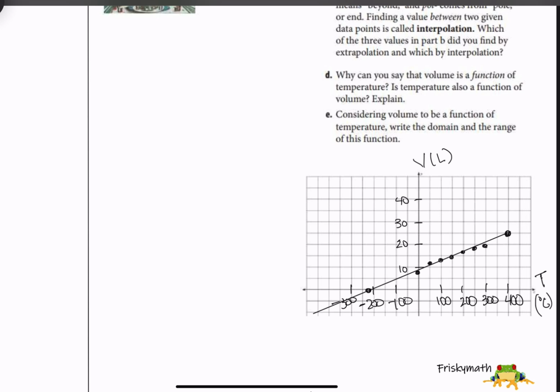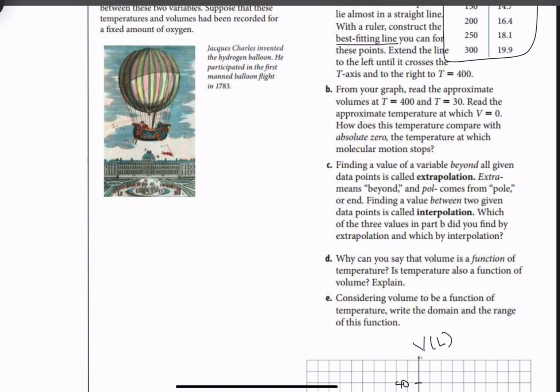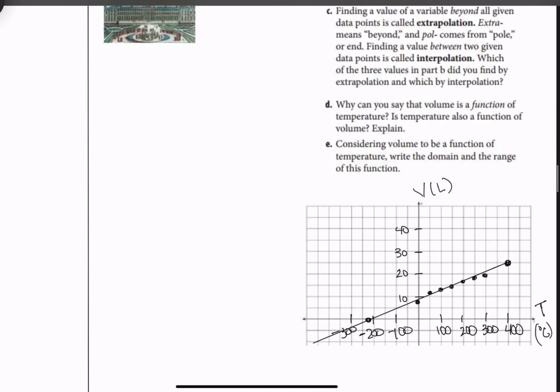425. So part B, from the graph, read the approximate volumes at t equals 400. Well, I just identified that at 400 degrees Celsius, I have about 25 liters. I think I'll put B over here, and I'm going to write this in function notation. So V of 400 is approximately 25 liters.